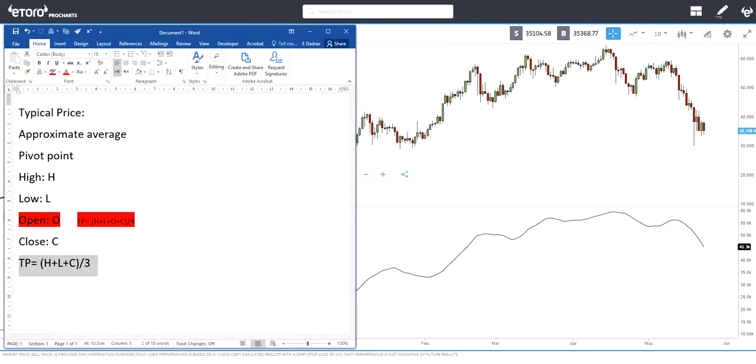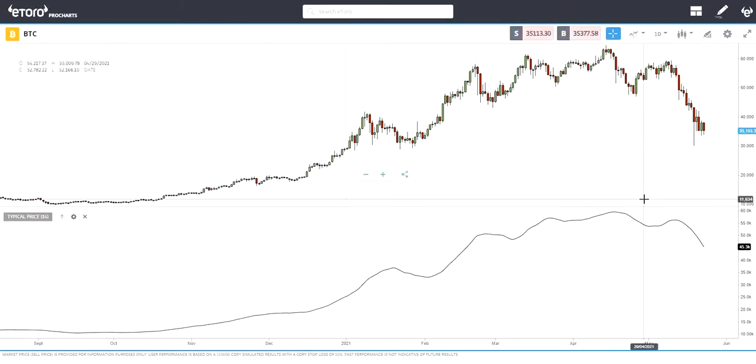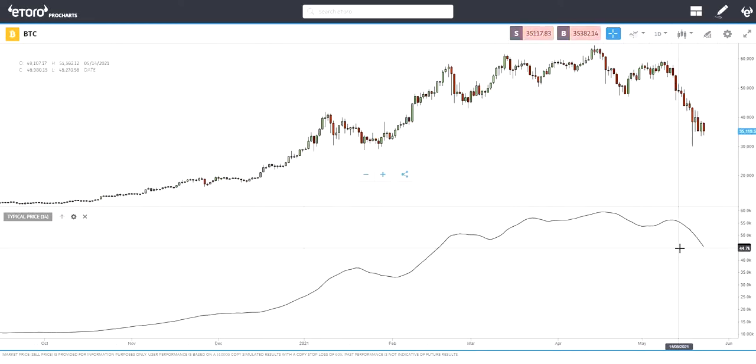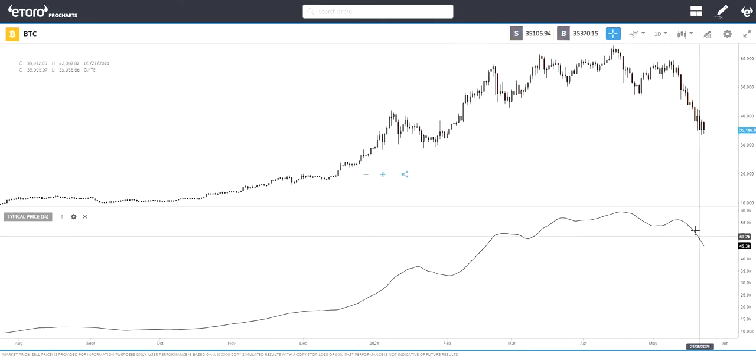What could be the best strategy to trade with the typical price? As I said, typical price is the average of the price.